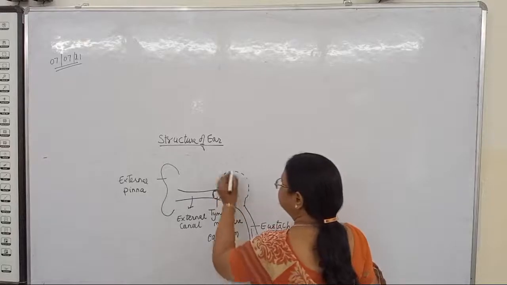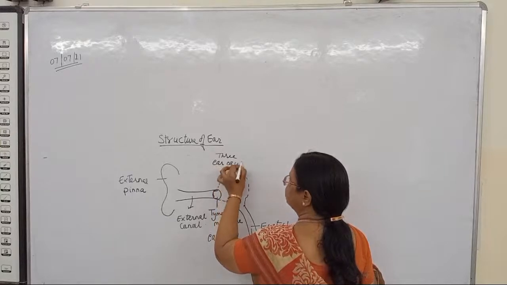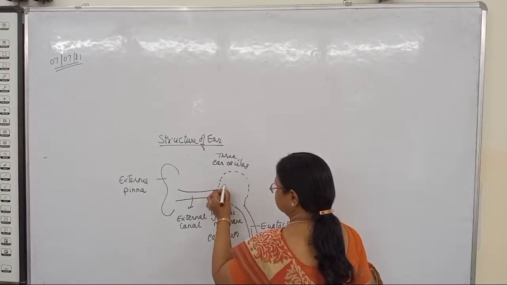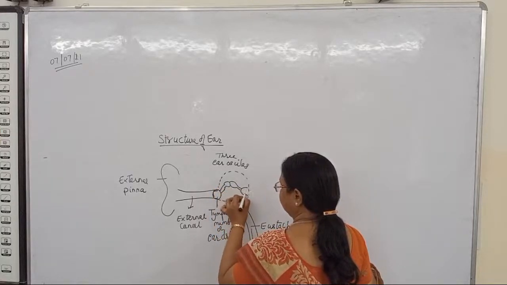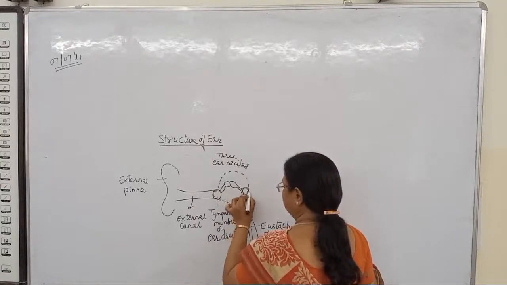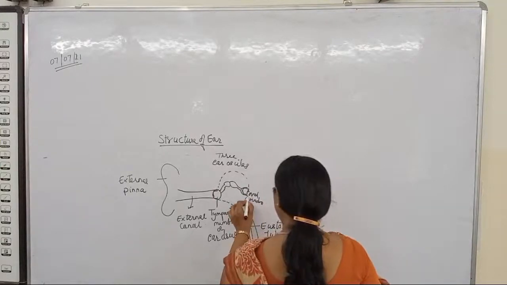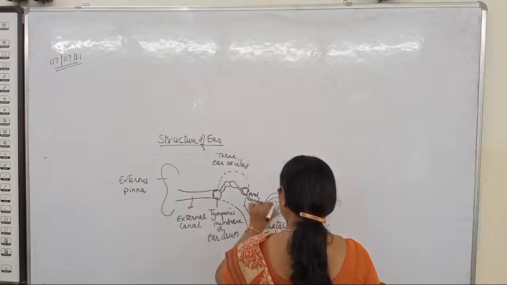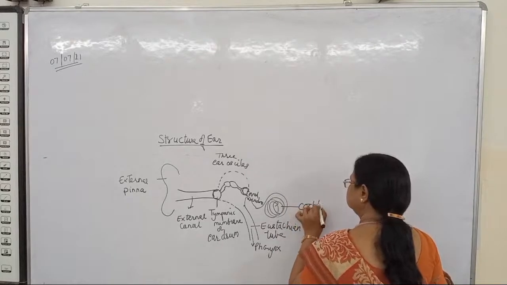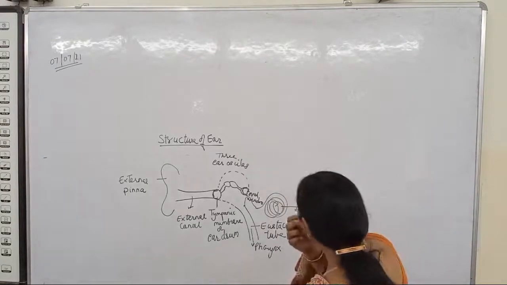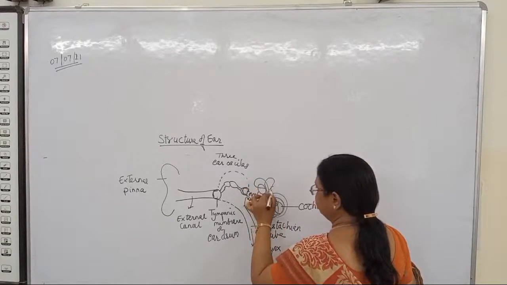And here you have three ear ossicles. Here is the oval window, and then here you will see a coiled portion, that is your cochlea. Then you have here three semicircular canals you will see.